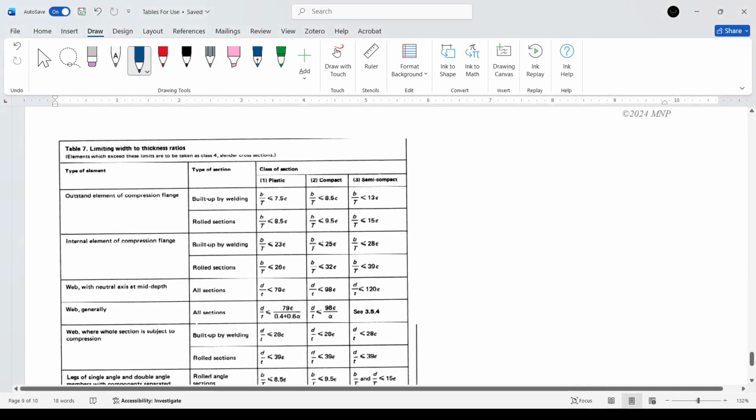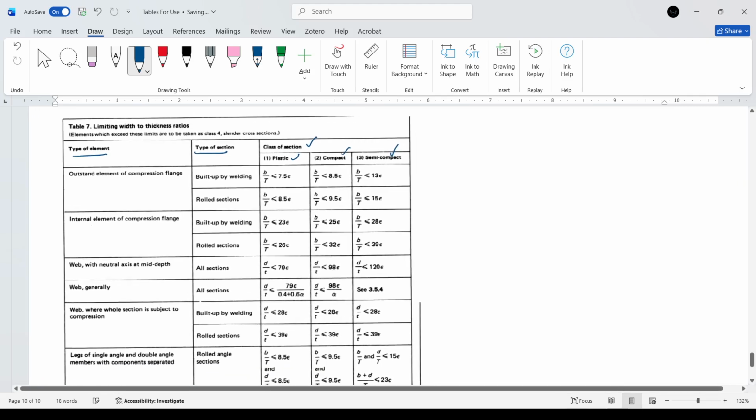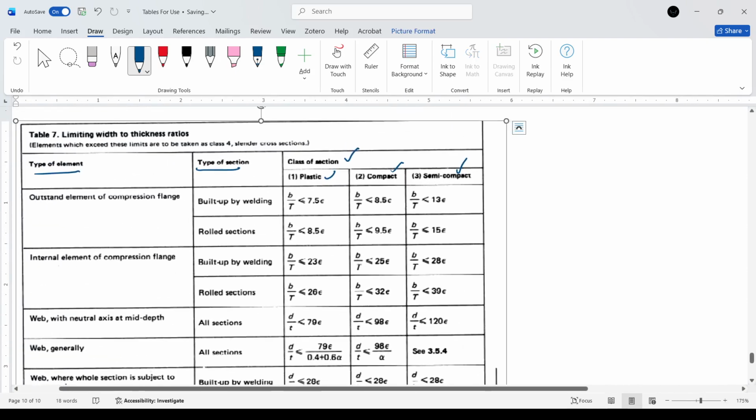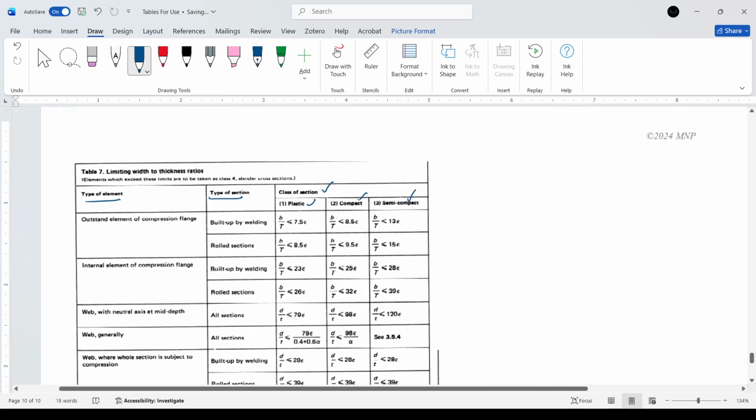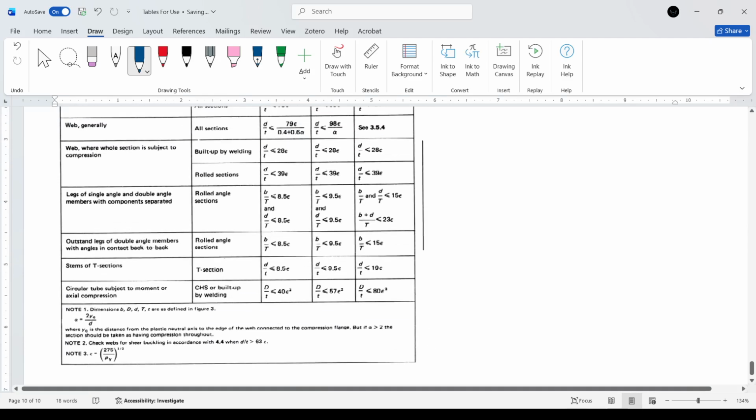So from this table, we need to classify it. If it is built up by welding, first of all, we are going to check the type of element, type of section, and then the class of section. It can either be plastic, compact, or semi-compact, as you can see it here. By then I came to realize that there are different editions of the British Standard.